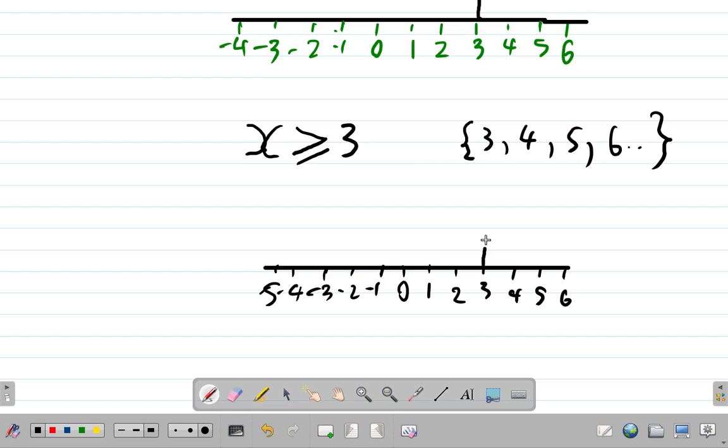Alright, good. Now, what to do is use a circle and we shade the circle. Why do we shade the circle? Because 3 is one of the numbers, so 3 is included in it.